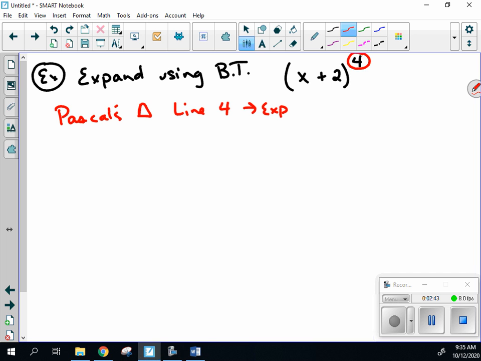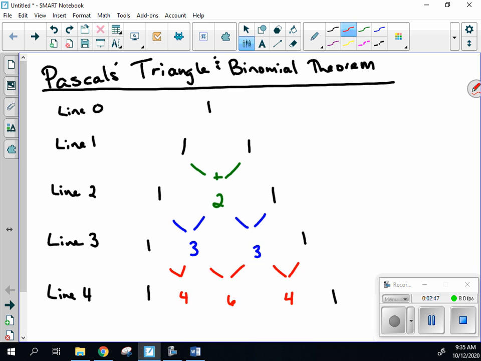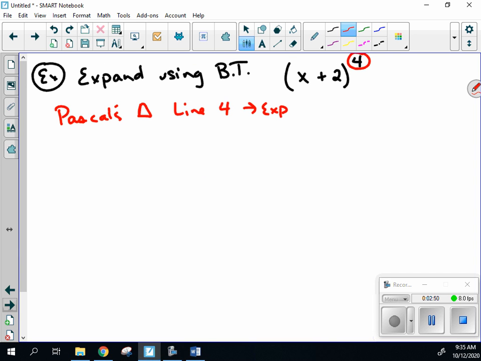So I'm going to give myself some space here. If I look at Pascal's triangle, line 4, I have 1, 4, 6, 4, 1. Again, give your space between those numbers. Now, I'm going to use the x's, and the x's are going to have the exponent descend.